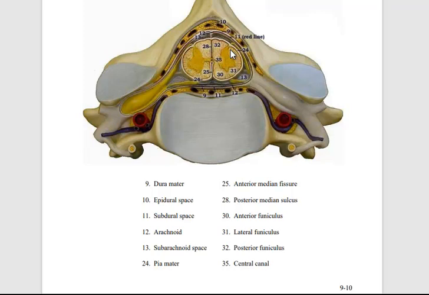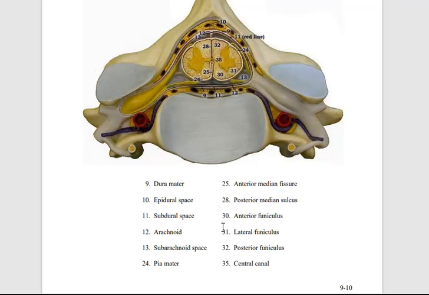Maybe that'll help you to remember. Look, they have 9, 10, and 11 labeled here, and they also have 9, 11, 12, 13 labeled down here. So they're the same thing. It's just you've got a circle, and so they labeled it at the top and the bottom. So just don't let that throw you.